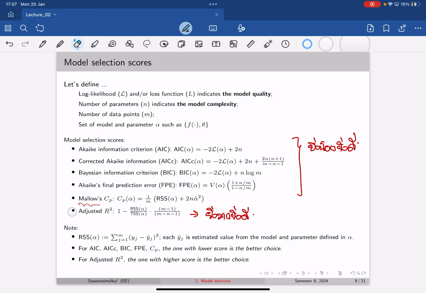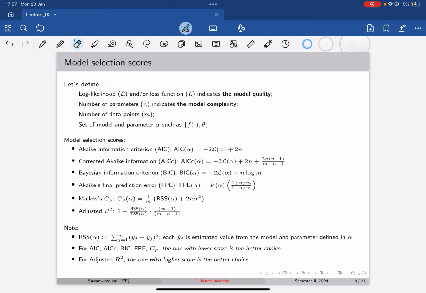Let's say we have a set of model parameters, let's say we have the parameters themselves and the function, whether it's deep learning or support vector machine. Let's say we combine that function with the model parameters and put it as a set of alpha.